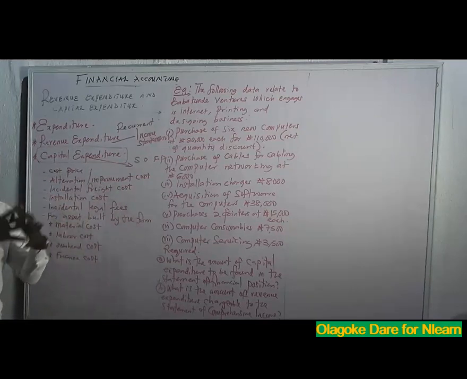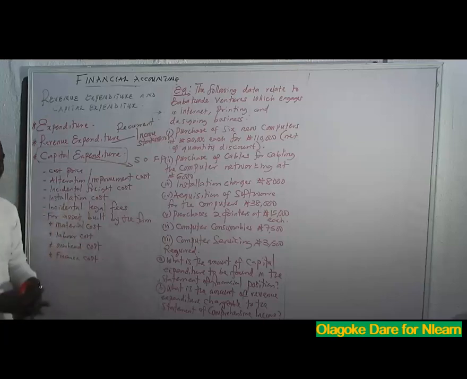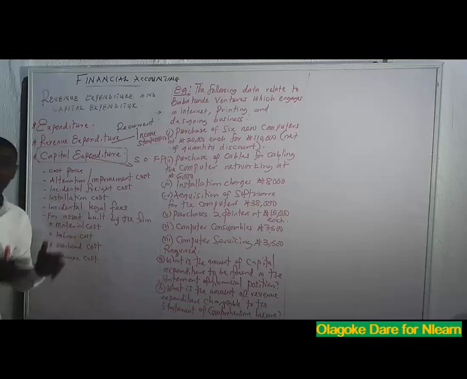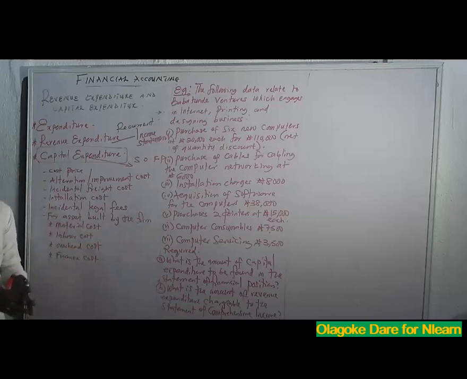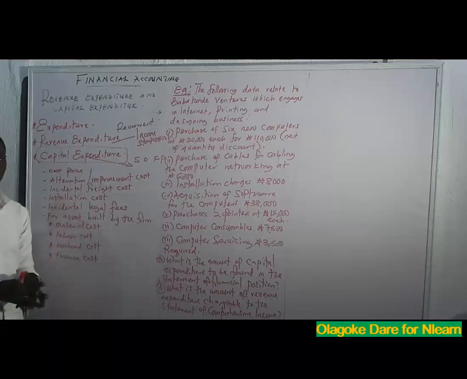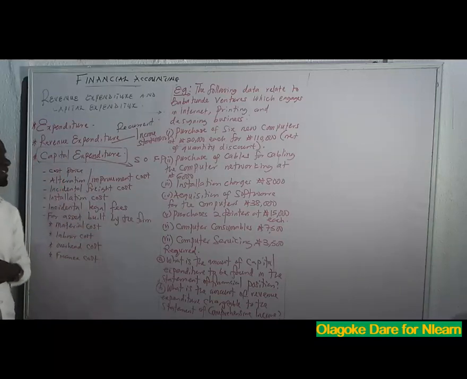Expenditure on tangible assets, expenditure on non-current assets, such as construction of roads, building of schools, drilling of boreholes, building of hospitals. All these are examples of what? Of capital expenditure, because the benefits of a capital expenditure will last for a long period of time. Recurrent or revenue expenditure, the benefit is within a year. That's why it appears in the income statement.